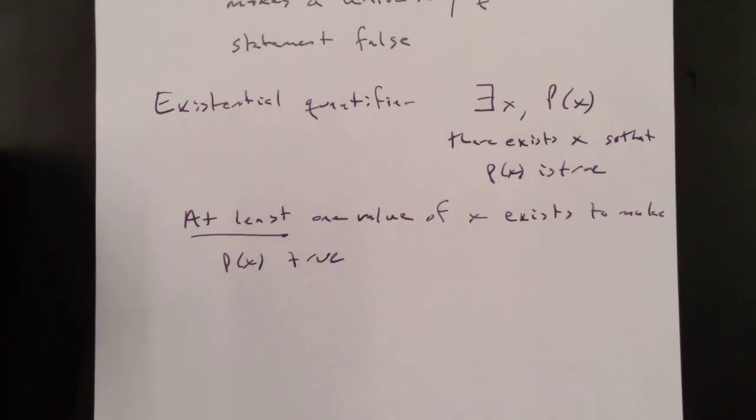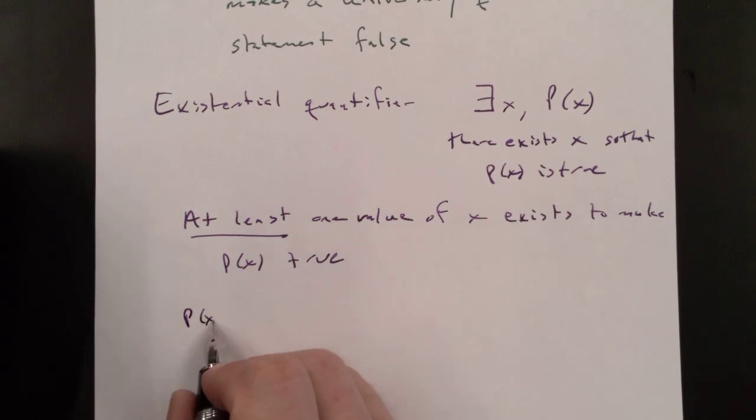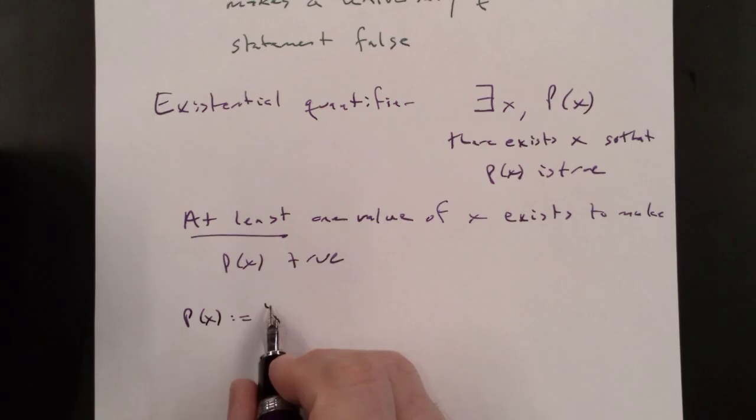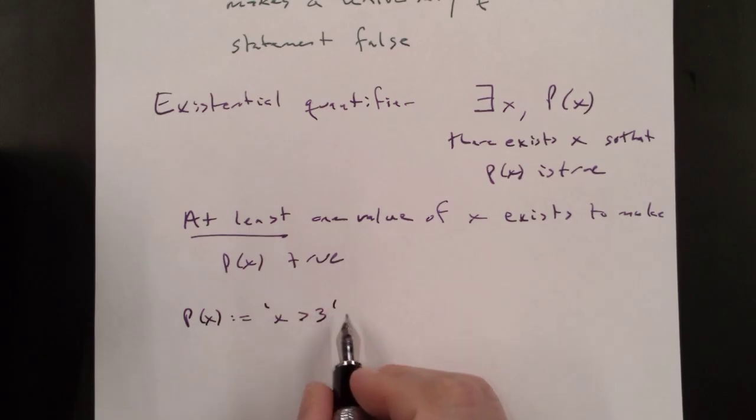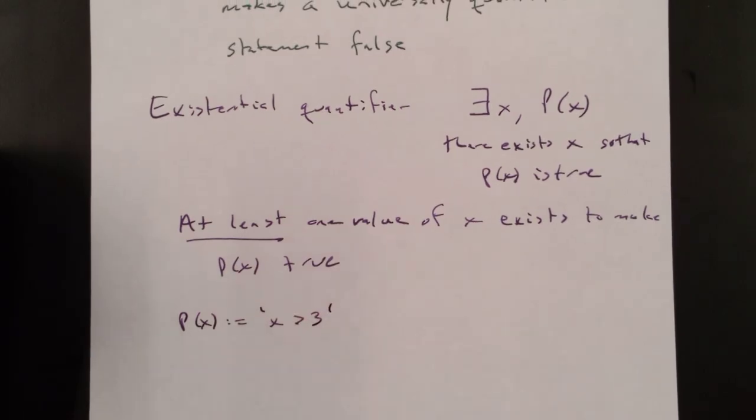It could be a lot more. As a matter of fact, a sentence like this has infinitely many places where it is true in the set of real numbers, for example.